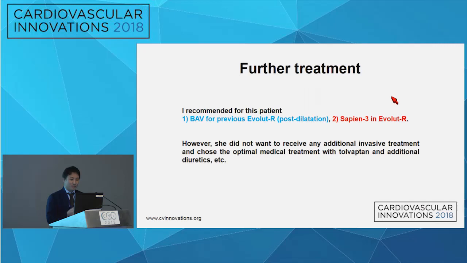As further treatment, I recommended for this patient valve-in-valve within the previous Evolut, meaning a post-dilatation, or SAPIEN 3 implantation in the Evolut. However, she did not want any additional invasive treatment and chose optimal medical therapy with tolvaptan and additional diuretics.